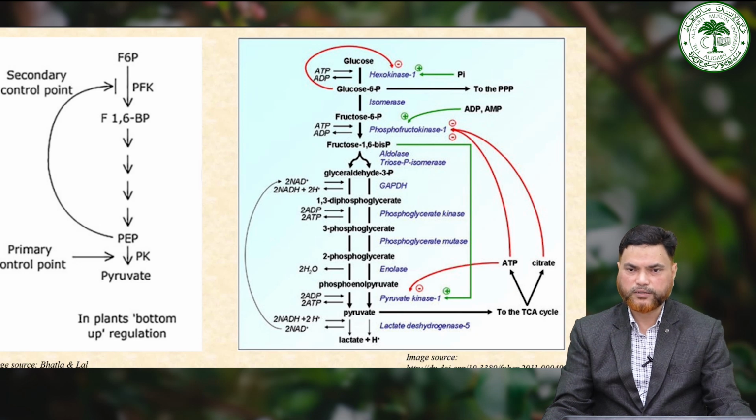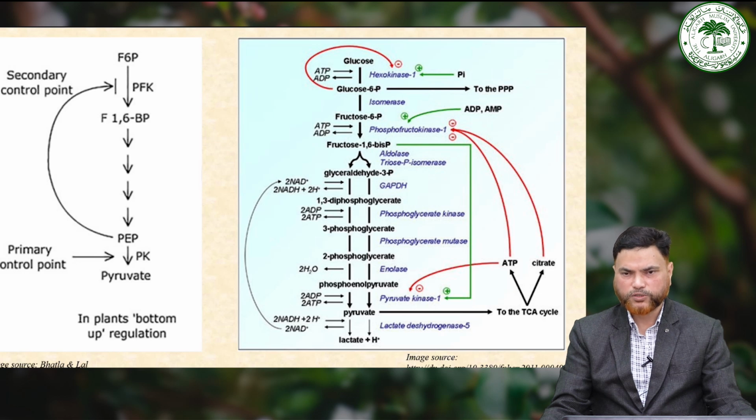This pyruvate kinase plays a very crucial role in glycolysis, the metabolic pathway responsible for converting glucose into pyruvate. This enzyme catalyzes the conversion of phosphoenolpyruvate to pyruvate, and that results in the production of ATP.